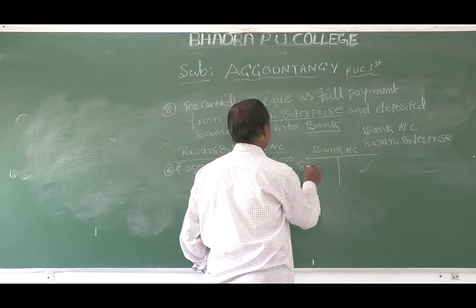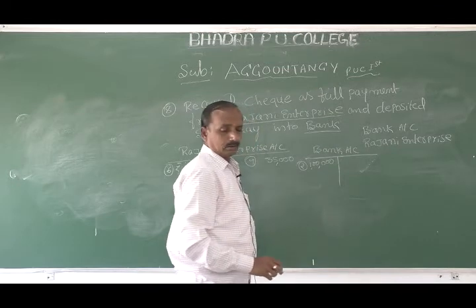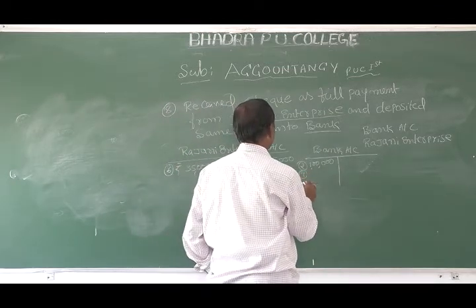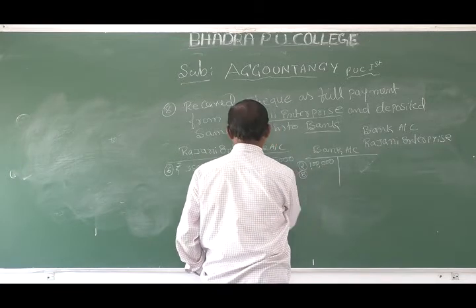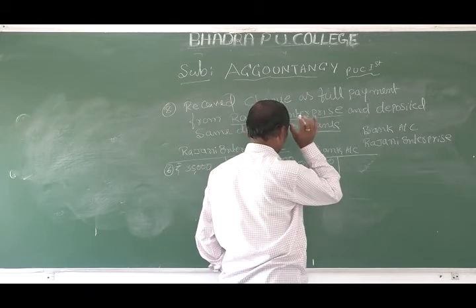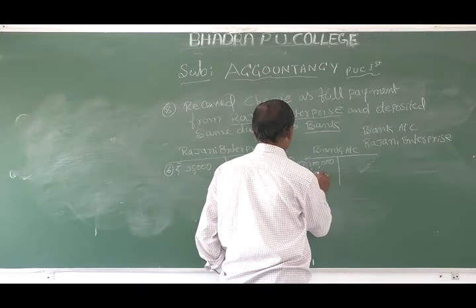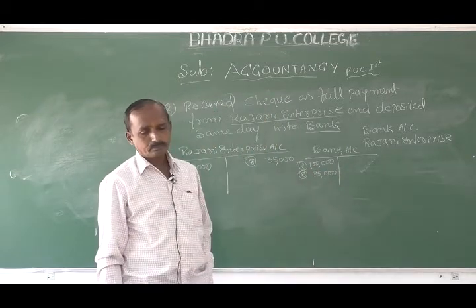Debited bank account 1 lakh, and another one is bank is the receiver of the transaction according to rupees 35,000.